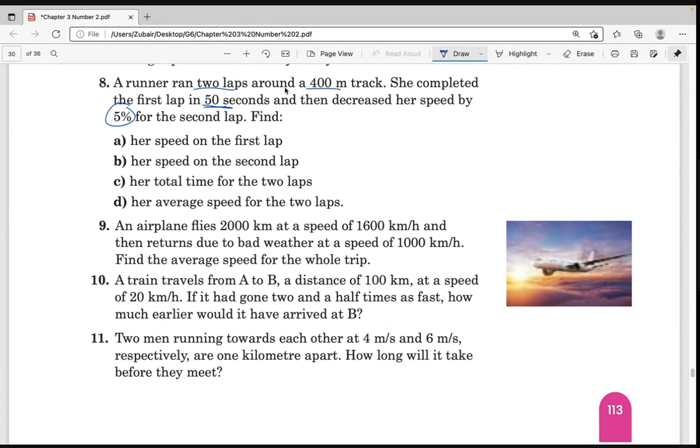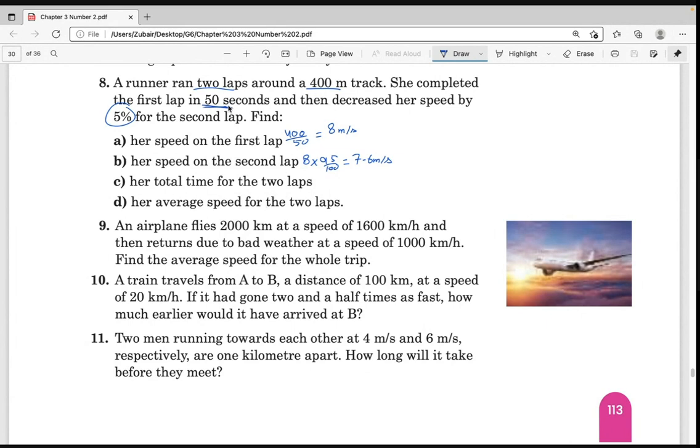So distance over time, the speed is 400 over 50, 8 meters per second. Her speed on the second lap: we are left with 95% after the decrease. 8 into 0.95, we're getting 7.6 meters per second.